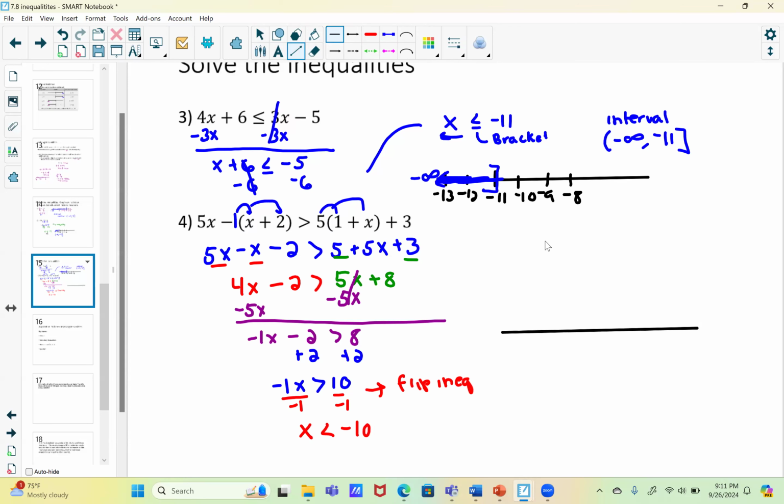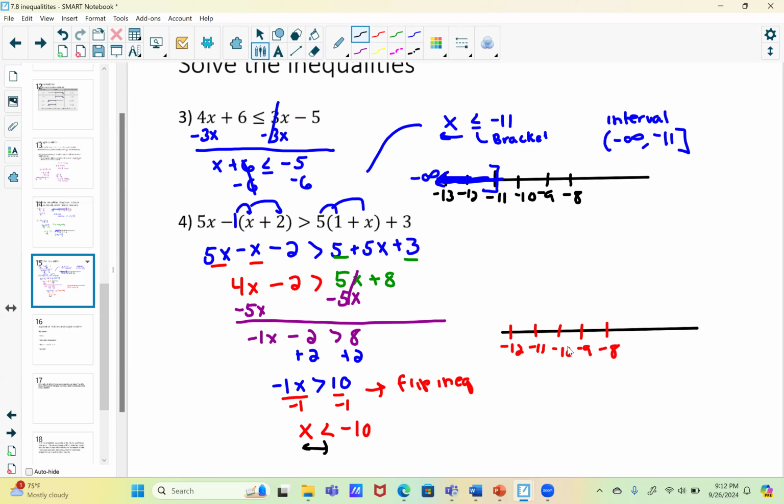Then we're going to draw our number line. So again, this is kind of small, so I'm going to just start with negative 10, negative 9, negative 8. Put numbers on both sides. I'm going to do a parenthesis because it doesn't have the equal sign. It's going to go left because the point's to the left.